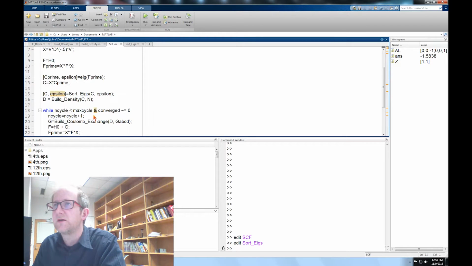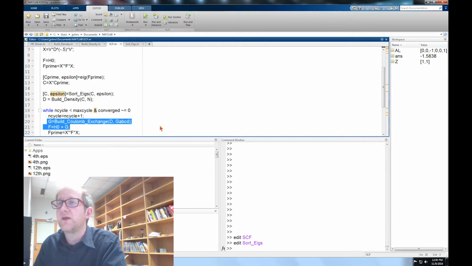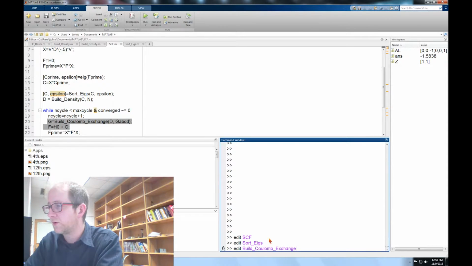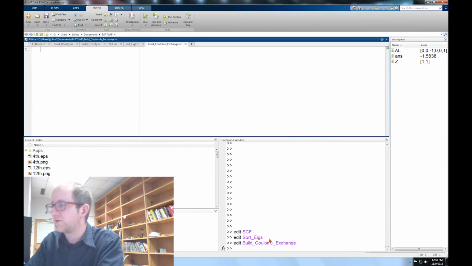The next one that we need is the build Coulomb exchange. So, edit build Coulomb exchange. Yes. Function. And that's going to put out an operator, a matrix G, build Coulomb exchange.